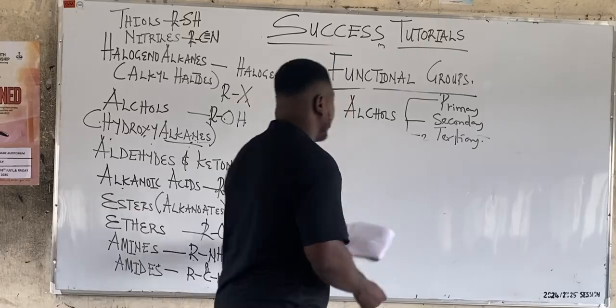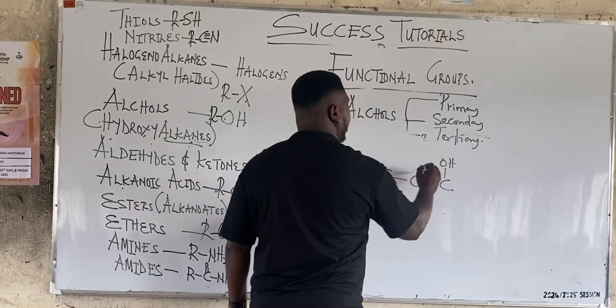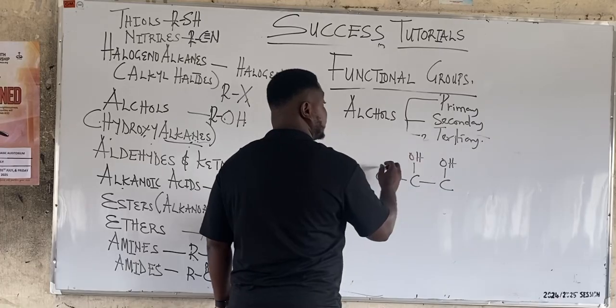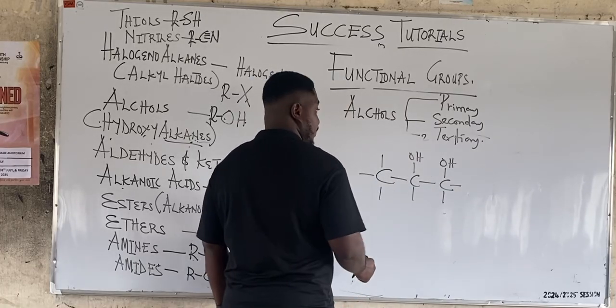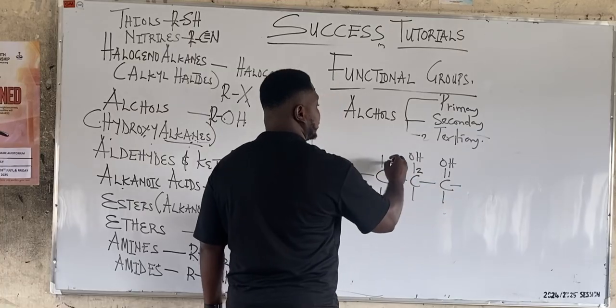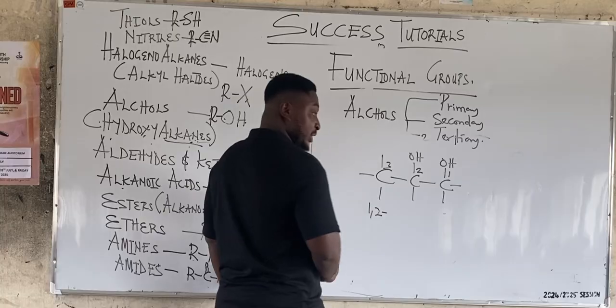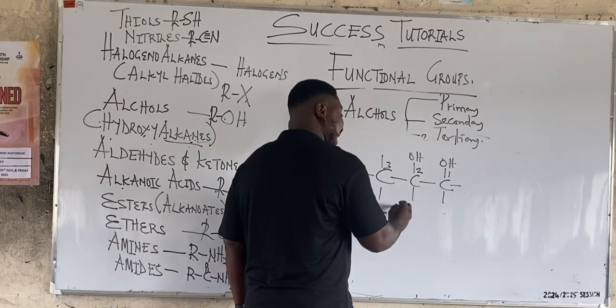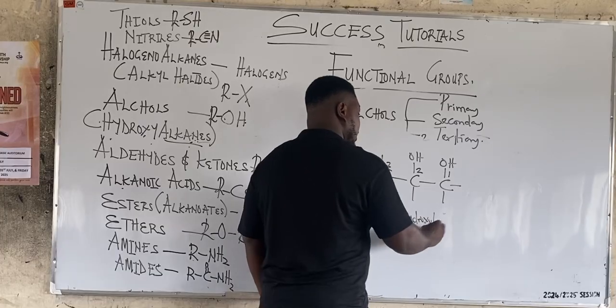That means you have an OH here, and you have an OH here. It's a diol. So this is carbon 1, 2, 3. This is now 1, 2, dihydroxyl.